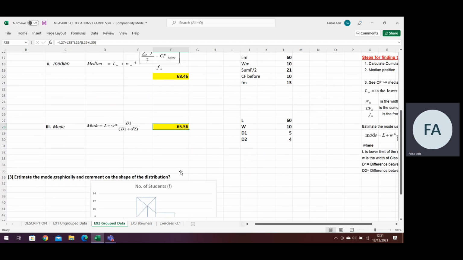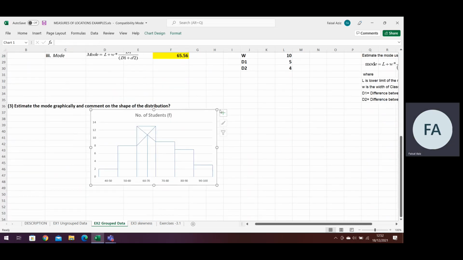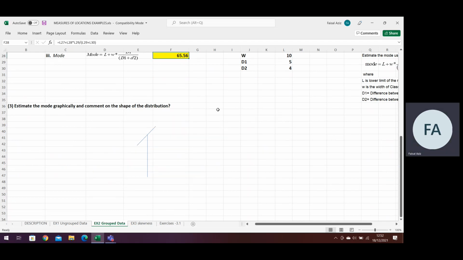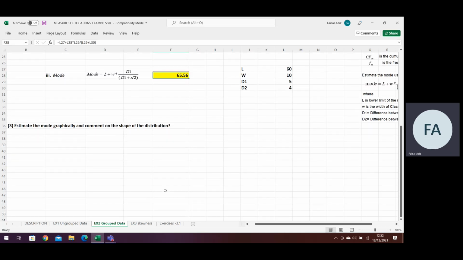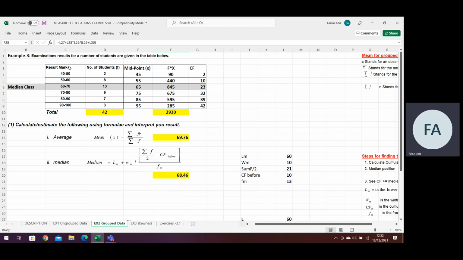Okay, now have a look. We need to calculate mode graphically also. So graphically, I'll show you how we can calculate mode. Numerically, we have calculated using formula. First, if you want to calculate mode graphically, you will have to select this data, the classes and the frequency.